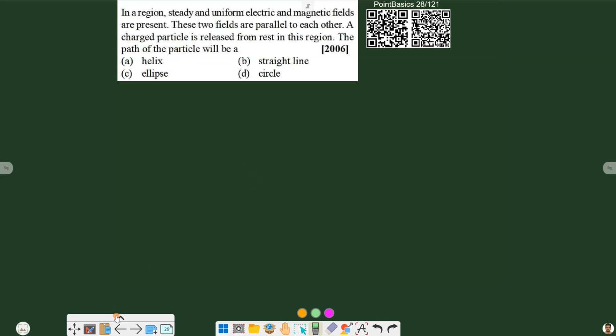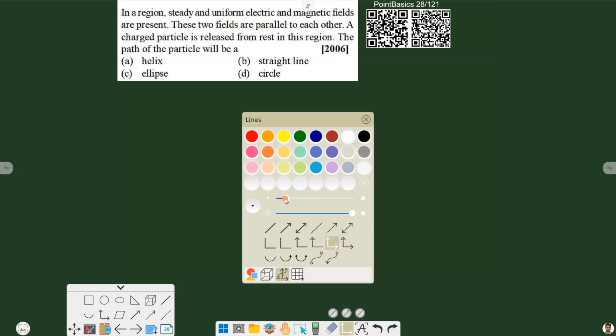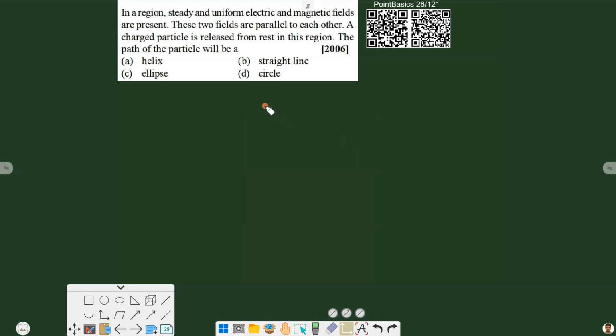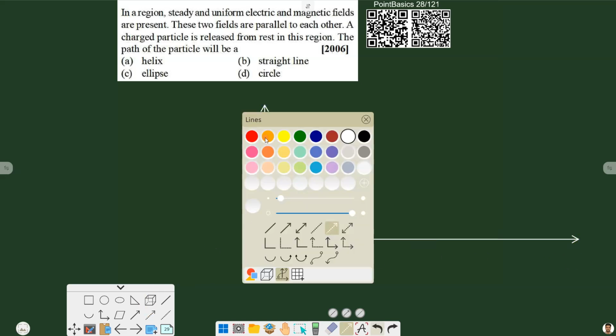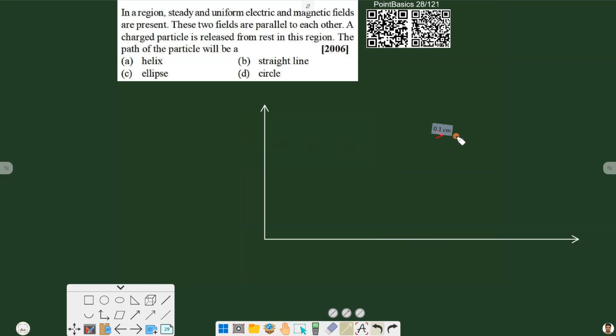Now suppose these are our coordinate axes. And we have electric and magnetic fields acting both in the same direction, that is the x-axis. We have an electric field here and we have a magnetic field here.